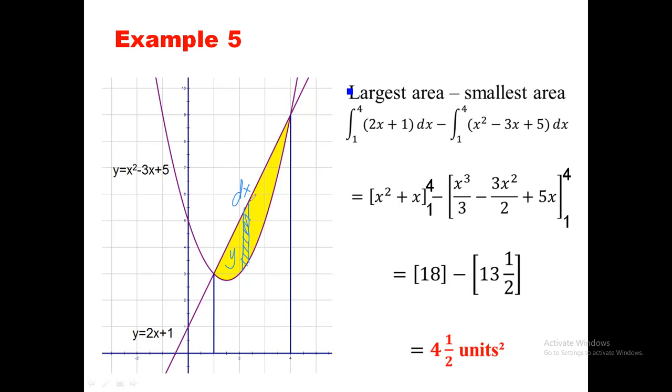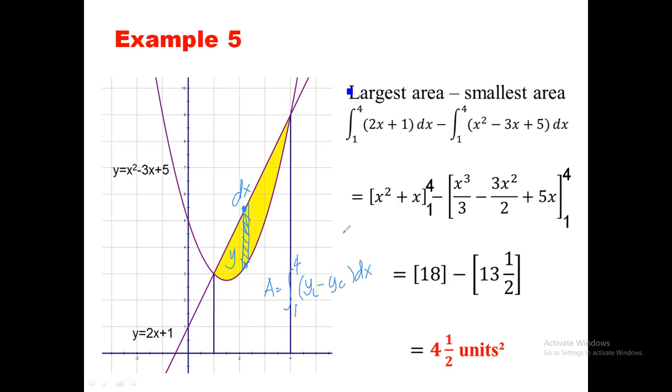It's consistent. Why? Because you start with the upper portion minus the lower portion. You need to subtract. And in that case, the area that you're determining would be the y of the line minus the y of the curve, dx, on the limit 1 to 4.